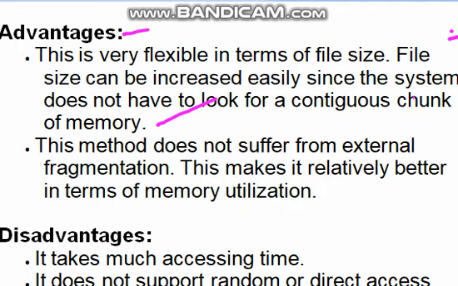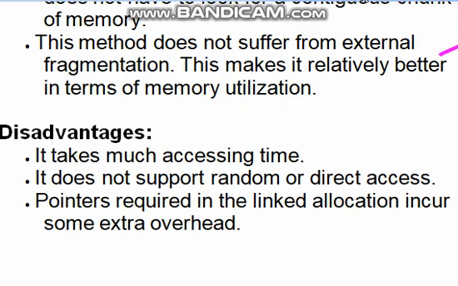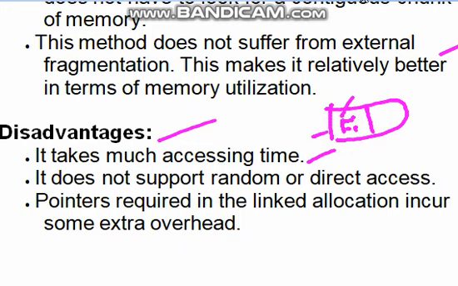This makes it relatively better in terms of memory utilization. And coming to the disadvantages: it takes much more access time for a big file because of storing pointer address locations also. If you store the file directly, it will be accessed easily. Here it also stores the address of the next field, so it takes a little more time compared to contiguous memory allocation.